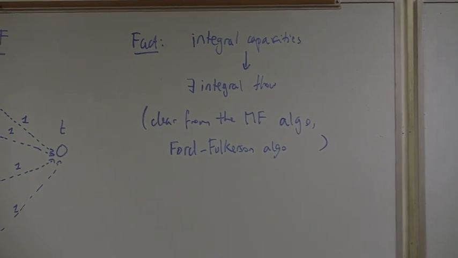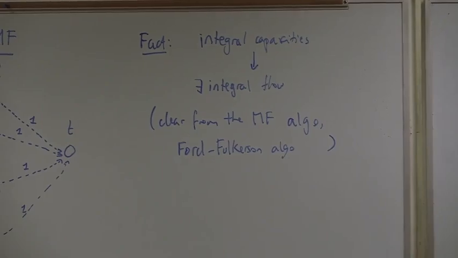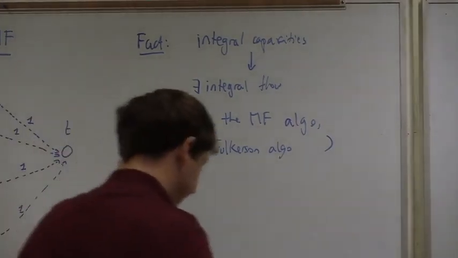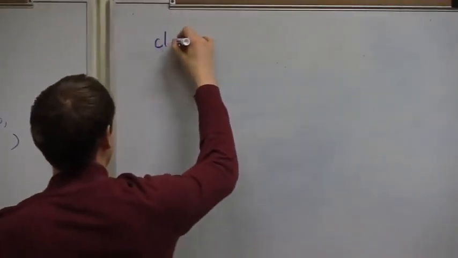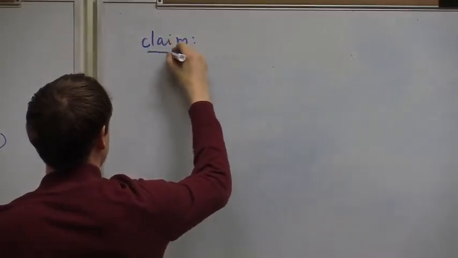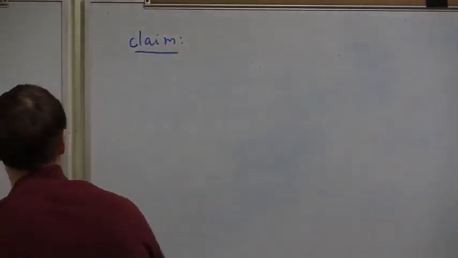This is going to be a pretty simple argument, and then we'll finish this simple motivating example. So, I'm going to say claim, or rather, let me just write first the correspondence.